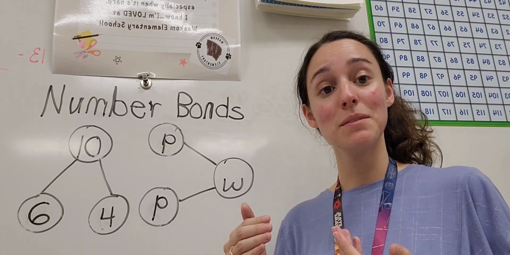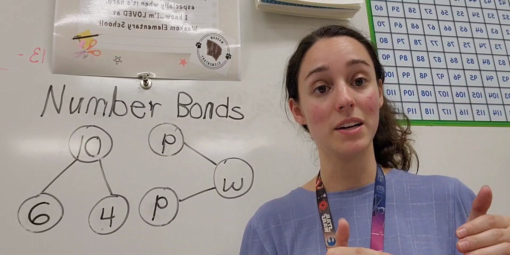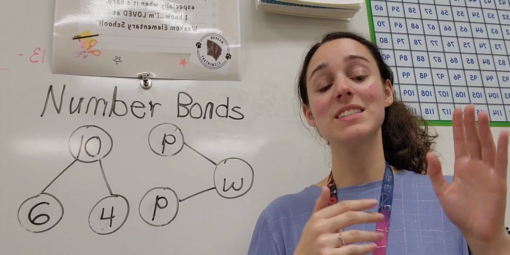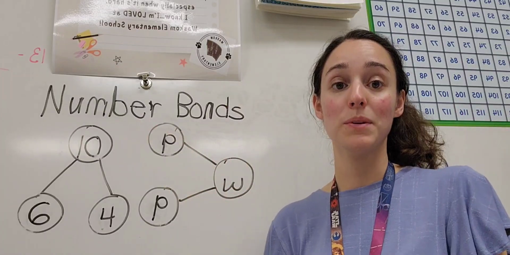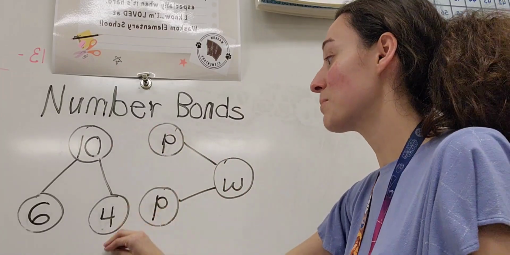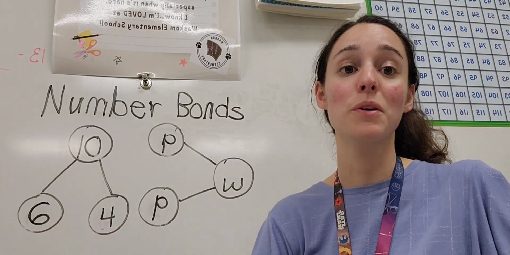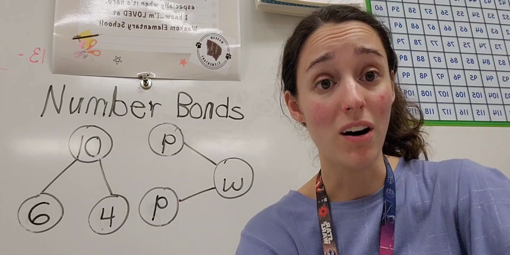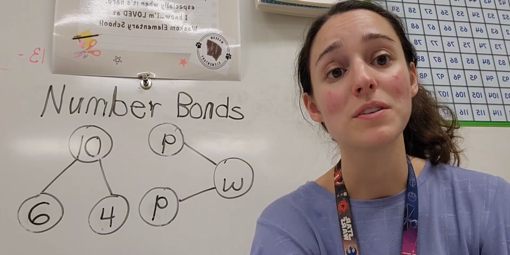So they have a make 10 method. It'll have them draw a number bond with one of them and then use that number bond to help them solve the problem. So understanding the number bond is super, super important for several of the strategies that we will go over later on. That will be very important for your students.